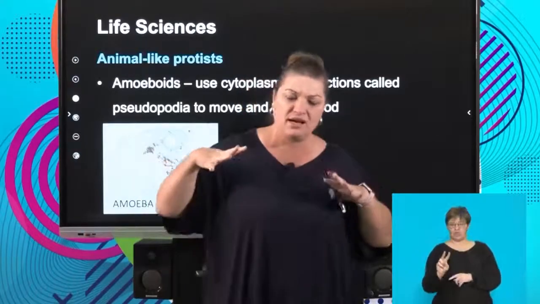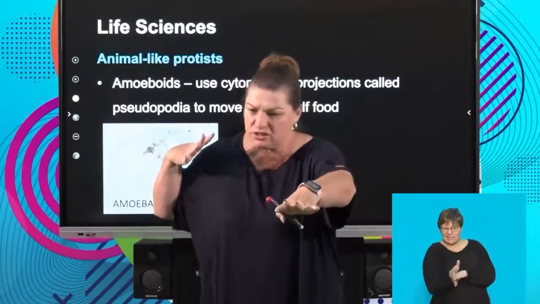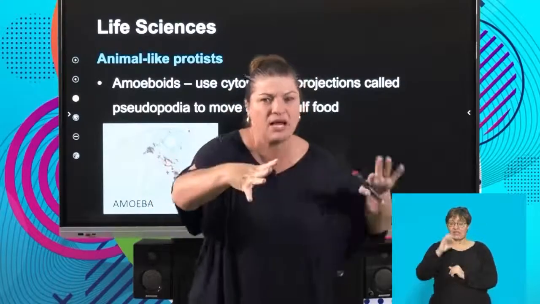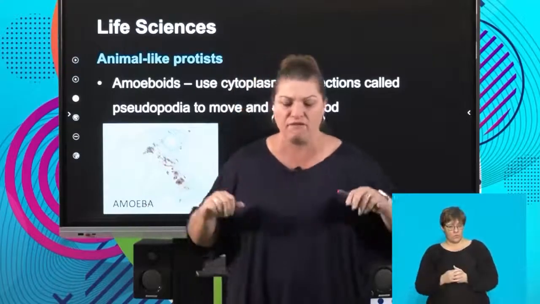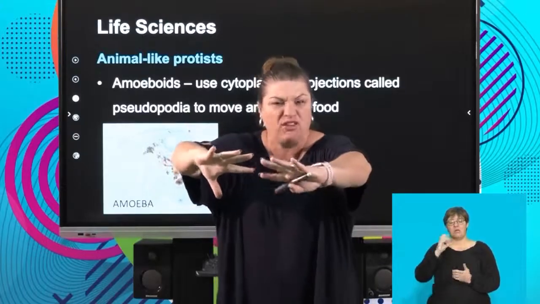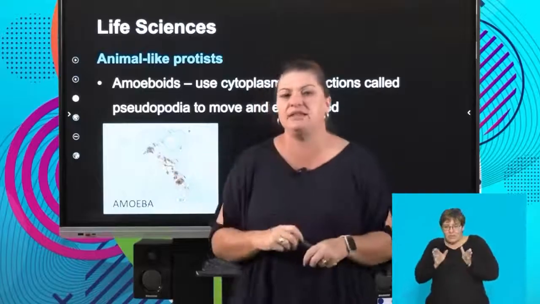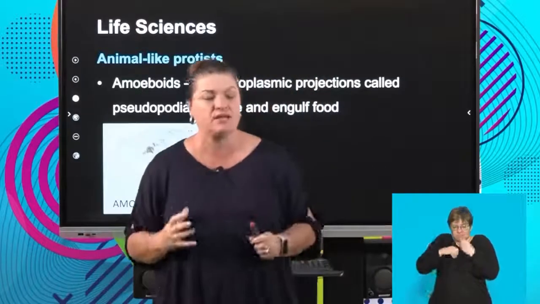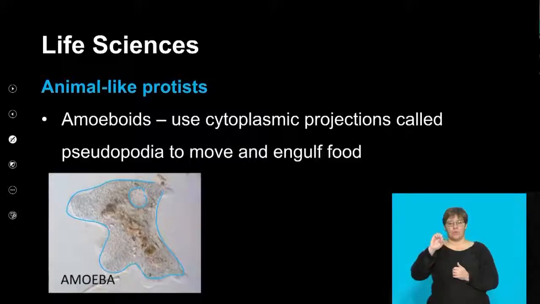Basically what these guys do is they slide along with these projections. The cytoplasm slinks along, and that is how they're going to find their food. They put these, called pseudopodia, false feet, around what they're eating, and they bring it up, and then they're going to digest. Those are called the amoeboid cells.